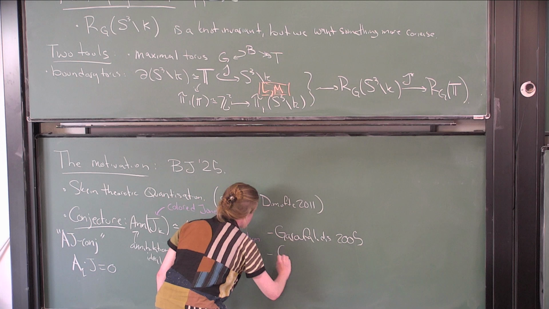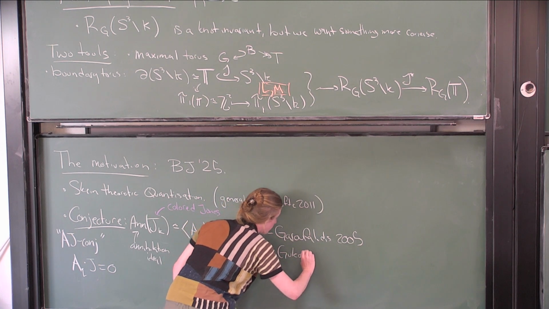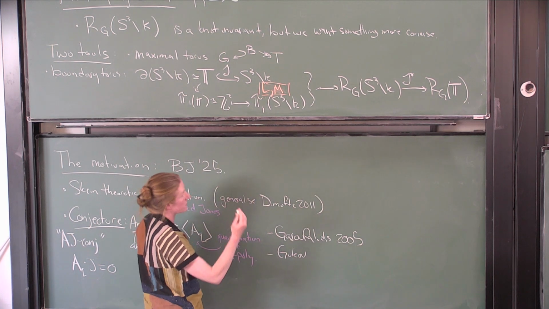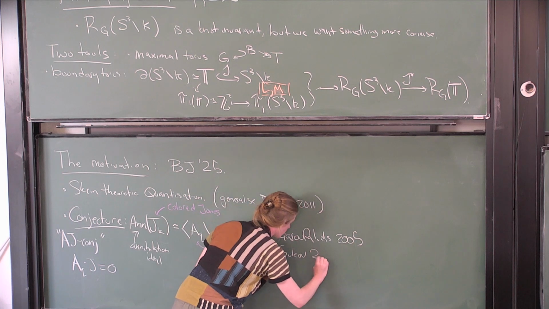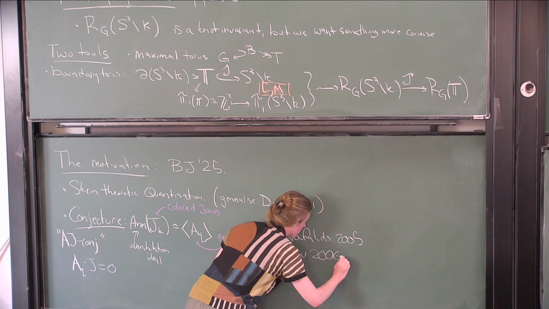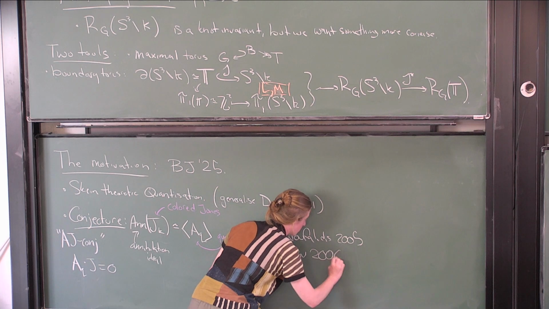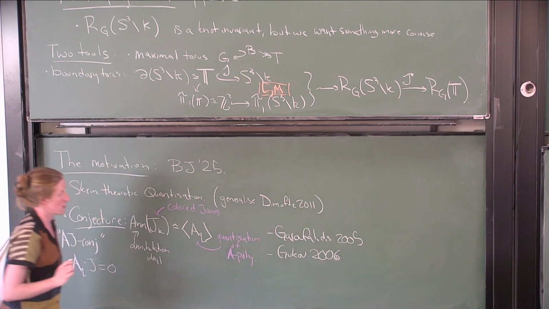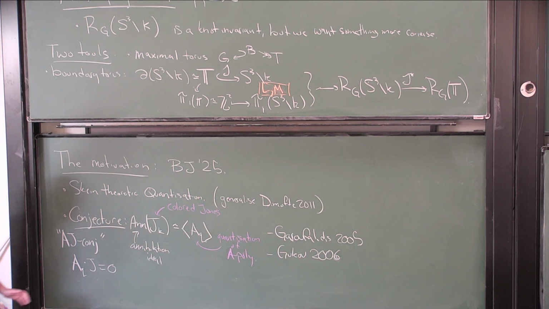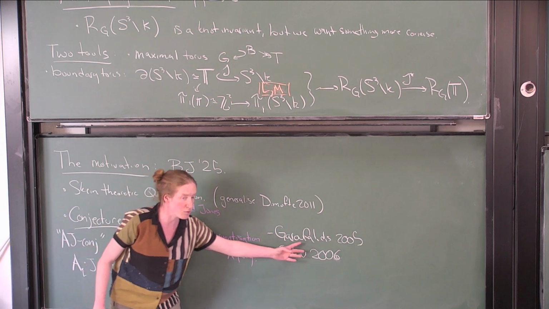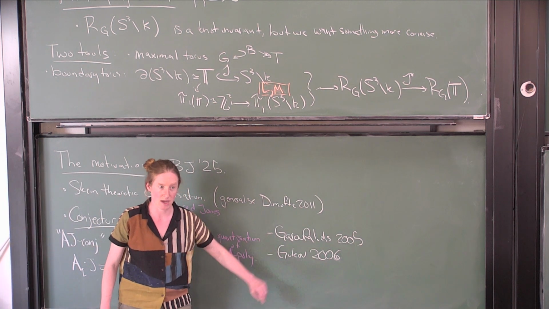And then independently, there was a physical interpretation of roughly the same conjecture by Sergei Gukov in 2006. And these conjectures are still open, even though they're going on 20 years old now.